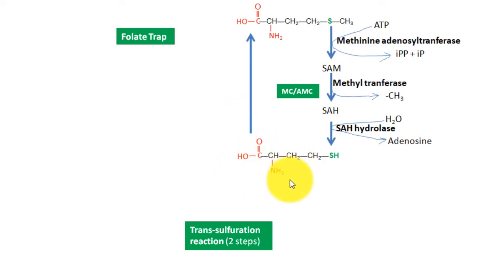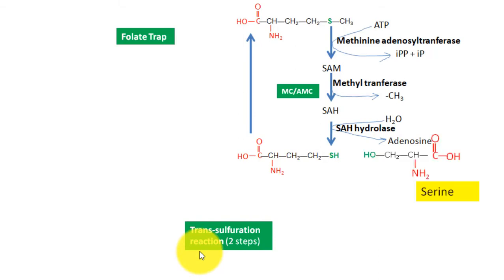And this way is associated with vitamin B6. What happens is this homocysteine will react with serine, and this sulfur will be transferred to the carbon of serine, and that is why this reaction is called the trans-sulfuration reaction. This reaction occurs in two steps.